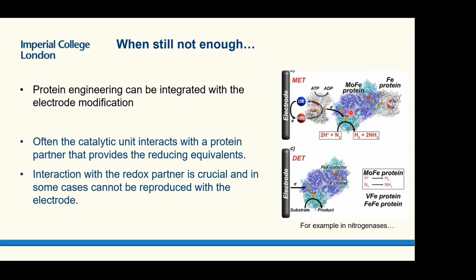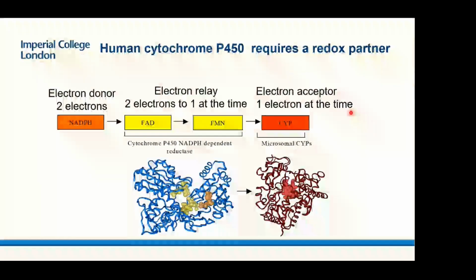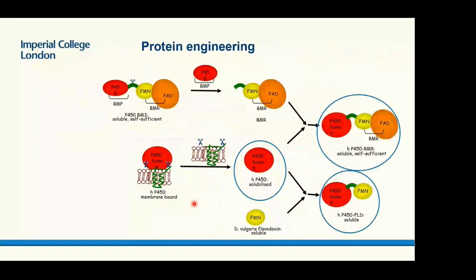And so I'm going to give you an example now of how protein engineering can improve. So we looked at the cytochrome P450 and the redox partner, that is this protein that has these two cofactors, this reductase. So what we did, we took the catalytic unit of the cytochrome P450, and then we connected to this catalytic unit either a simplified version of the reductase, that is a flavin-containing protein, so practically a protein that has only one of the two cofactors, switching from a two-cofactor system to a one-cofactor system.